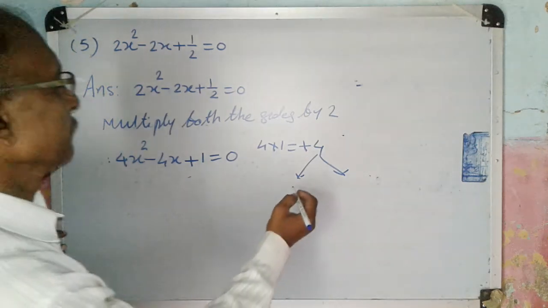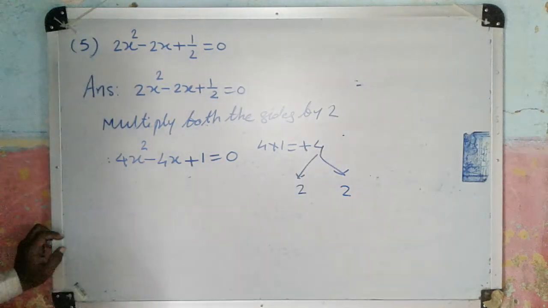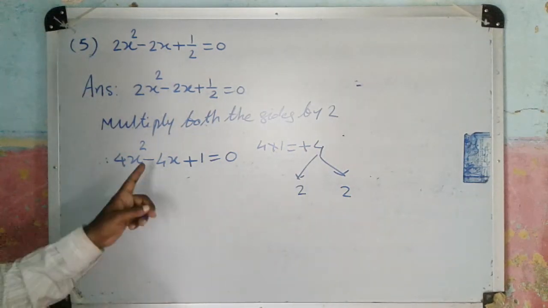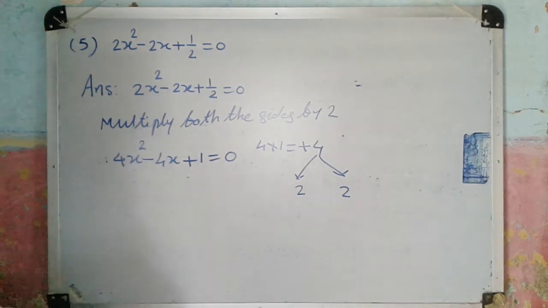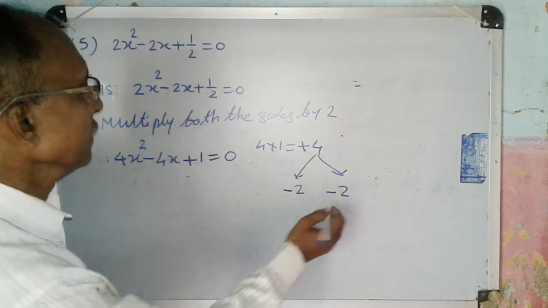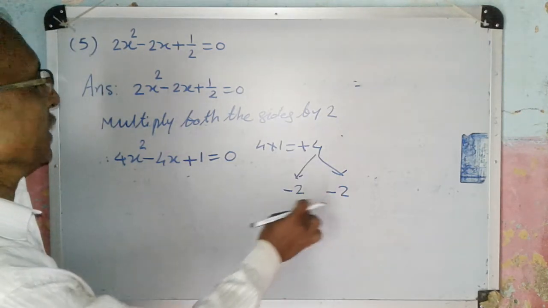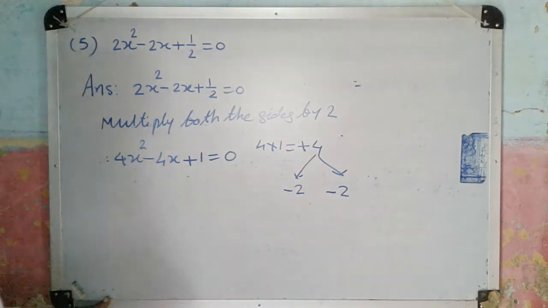Those factors are 2 and 2 to make 4. But if we take 2 plus 2 here we get plus 4, but we want minus 4. So here we put minus signs. So minus 2 into minus 2 we get the product of these two factors, plus 4, and the sum of these two factors is minus 4.